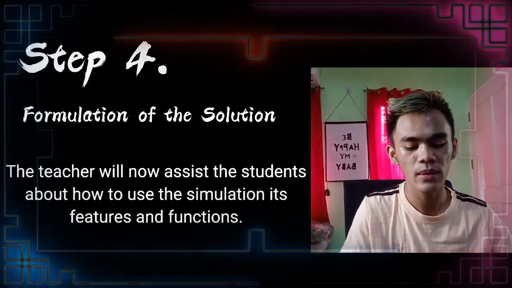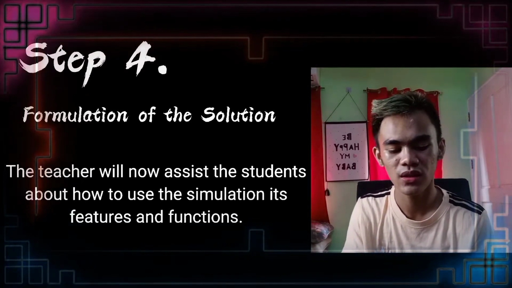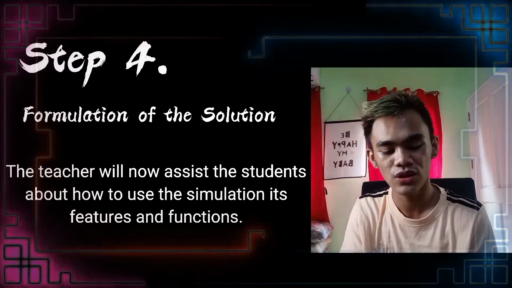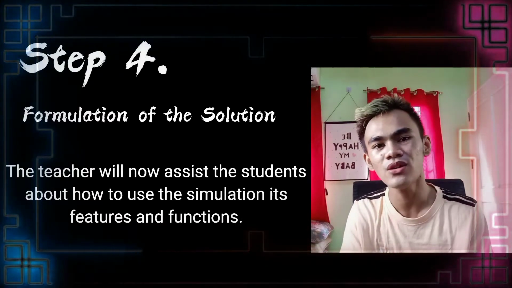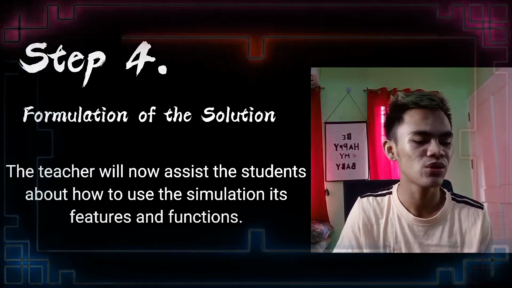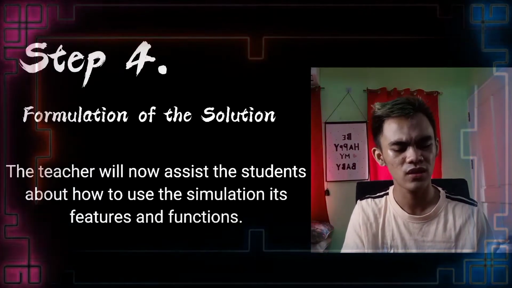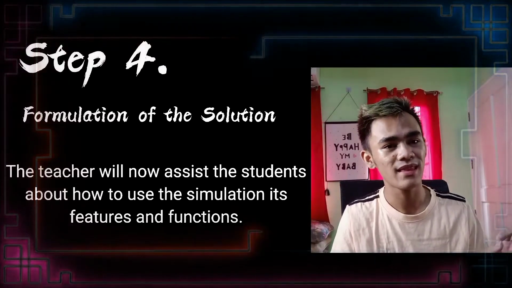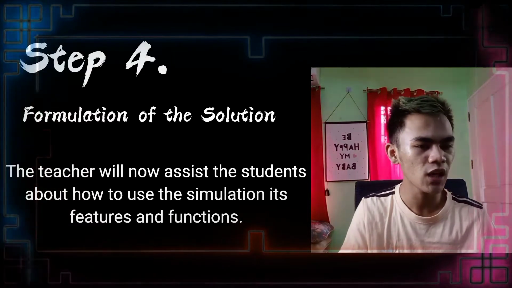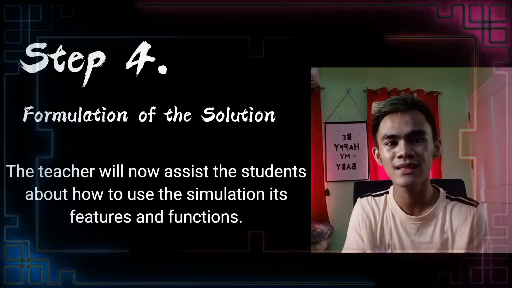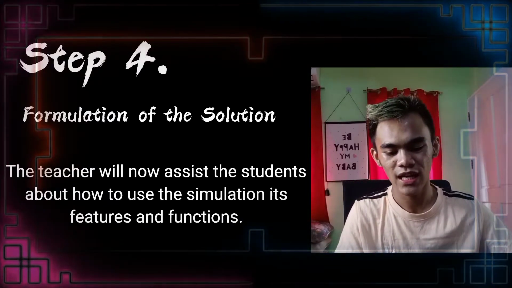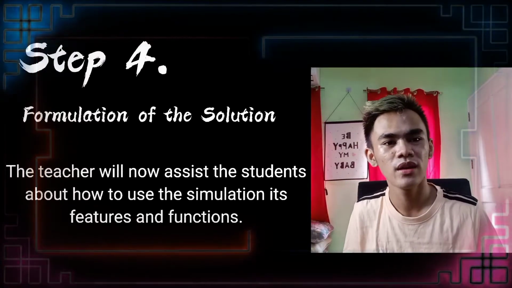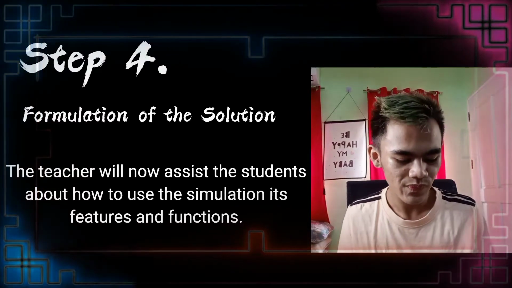The teacher will now assist the students on how to use this simulation and the features and functions of each button. By that, the students will think and become more curious and excited in using the simulation and apply their knowledge to solve the problem.